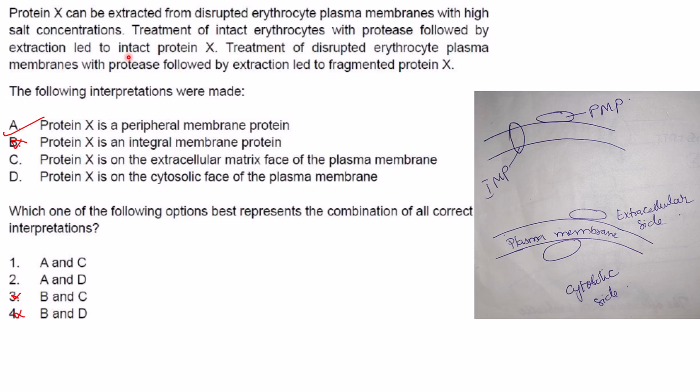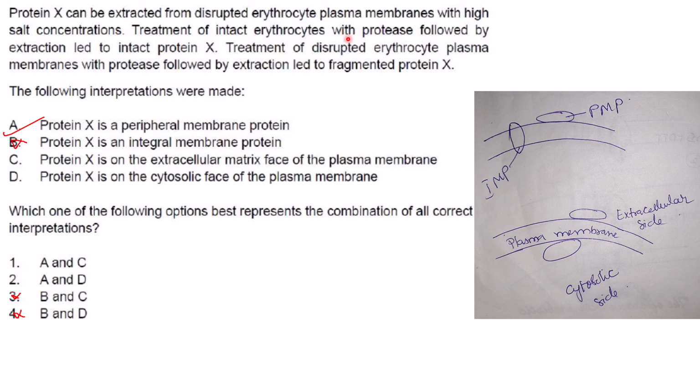And what did he get? He got intact protein X. There was no disruption of the protein. So if the protein was on the extracellular side, upon treatment with protease, it would have got fragmented.